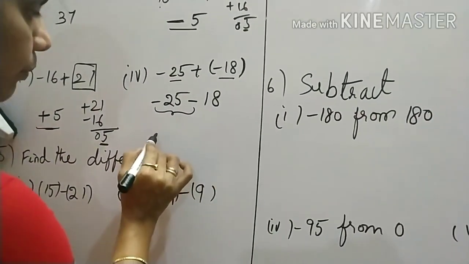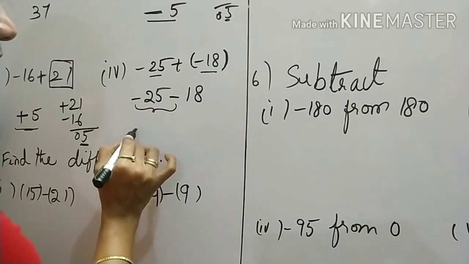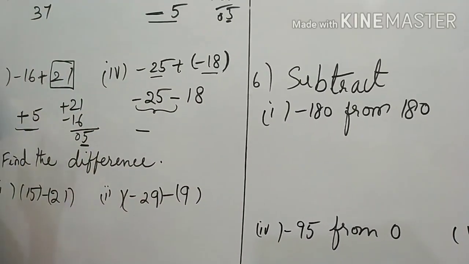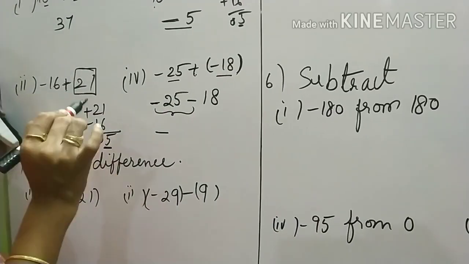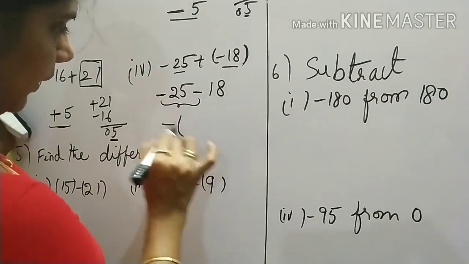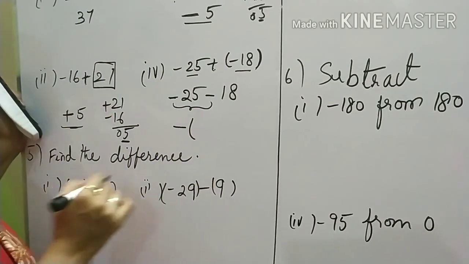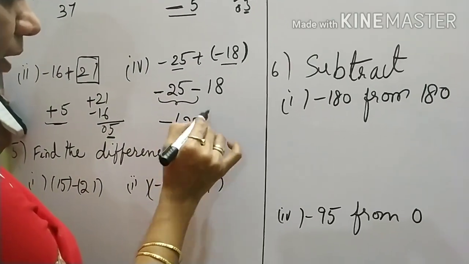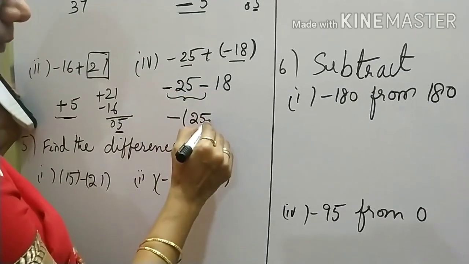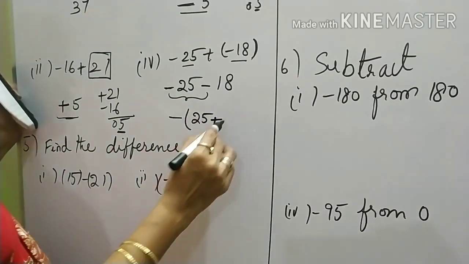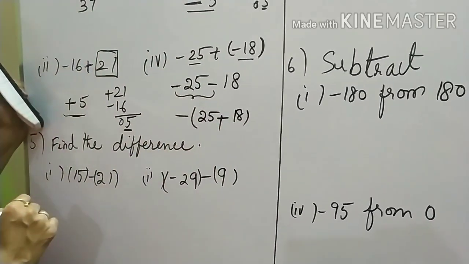We can take minus, or otherwise the bigger number's sign is also minus. Otherwise I am taking minus as common. So this will become plus here. Here also minus I am taking. So plus as usual.